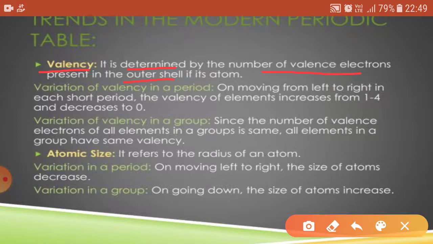For example, what is the trend along the period? Let us take the example of the third period: sodium, magnesium, aluminium, silicon, phosphorus, sulfur, chlorine, and argon. In the third period, the valence electrons vary from 1 to 4 and 5 to 8.